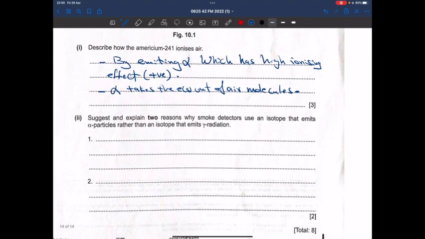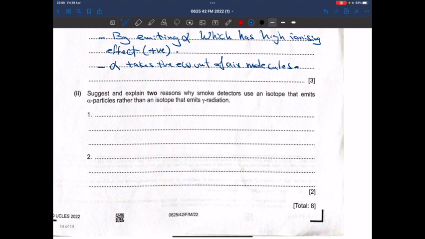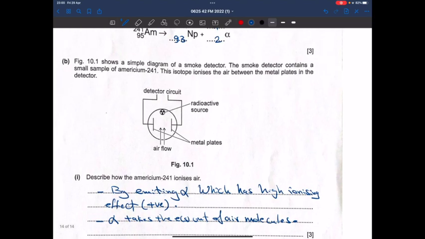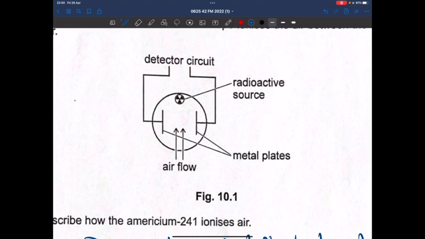This is the description. The last part of this question says: suggest and explain two reasons why smoke detectors use an isotope that emits alpha particles rather than an isotope that emits gamma radiation. Alpha has a very, very short range and can be stopped inside the glass container here, or the metal plates.